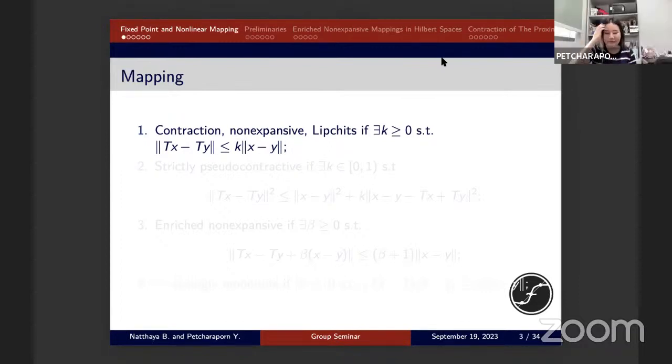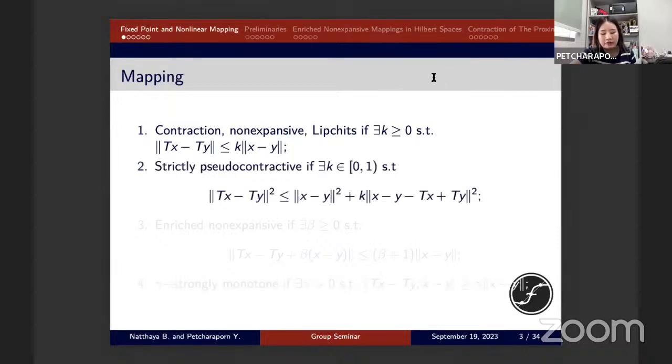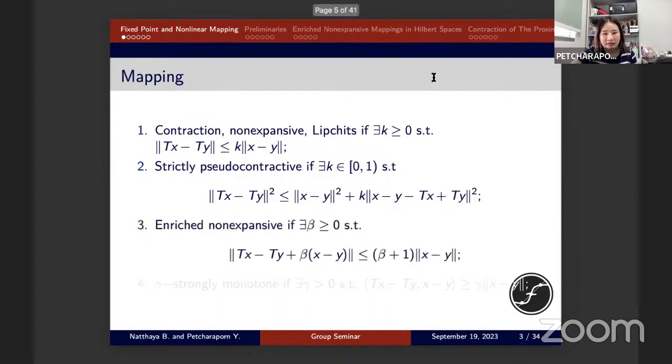Okay, continue. We call contraction if there exists k greater than or equal to 0. And we call non-expansive if k equal to 1, and we call strict if k greater than 0. And next, strictly pseudo-contractive if there exists k in half open interval 0 and 1, such that this inequality.